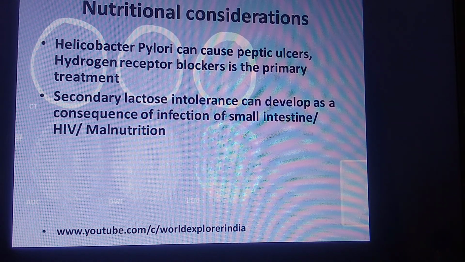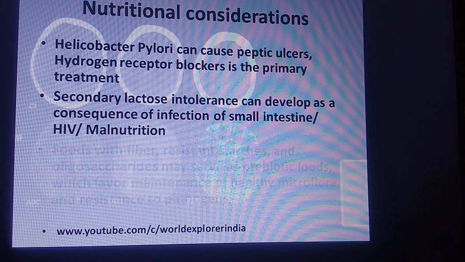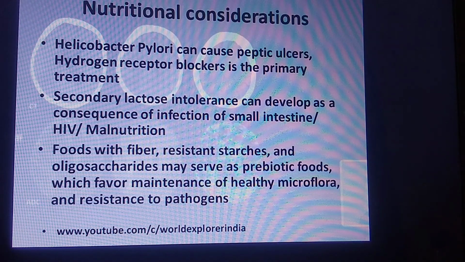Secondary lactose intolerance can develop as a consequence of malnutrition. Foods with fiber, resistant starches and oligosaccharides may serve as prebiotic foods. This will help to maintain healthy microflora and also resistance to pathogens.